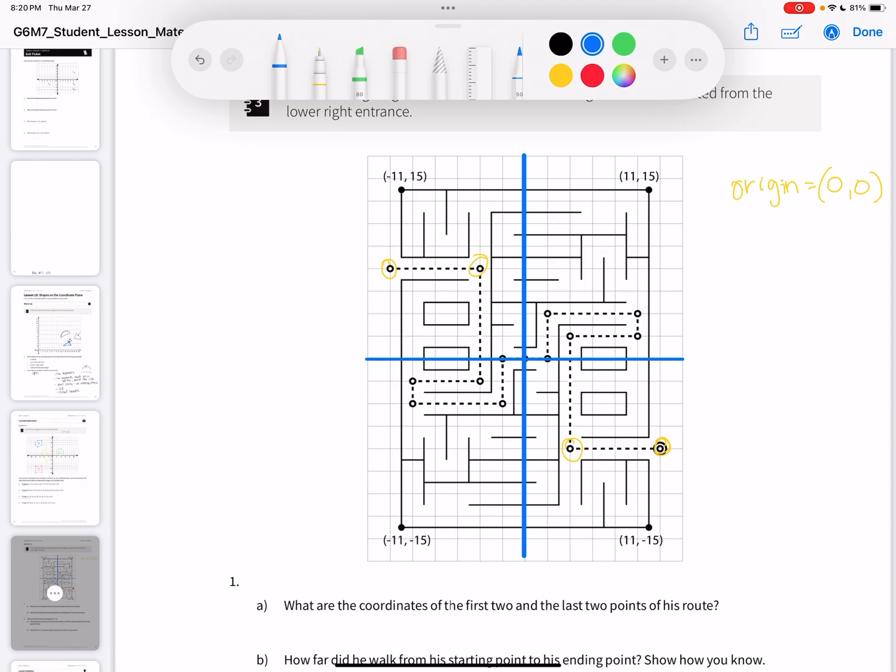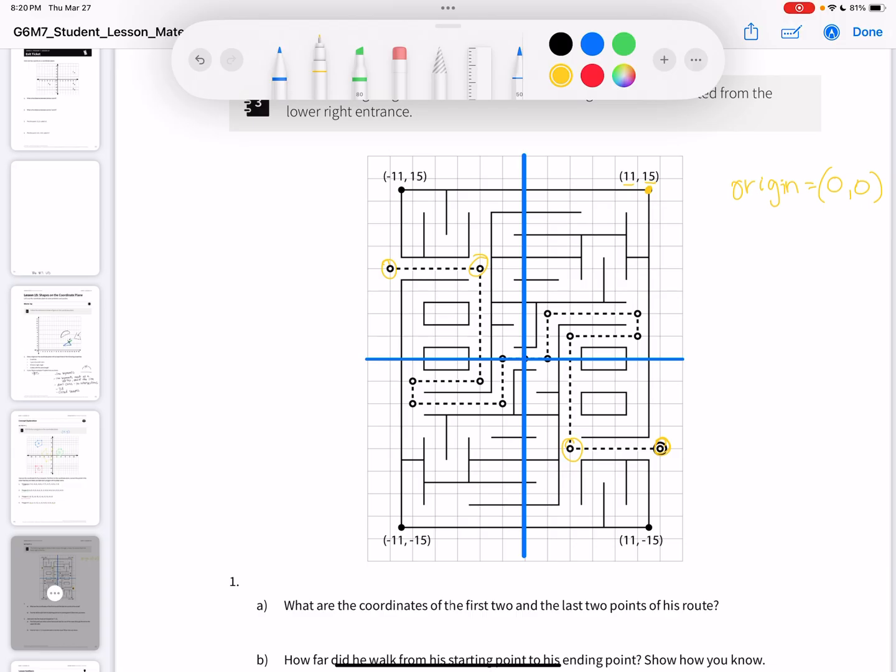And from there, we can use our lines to go out, right? Now, are we going out by 1s, 2s, 3s, 4s? We don't know. We do know, however, that this dot right here is 11, 15.